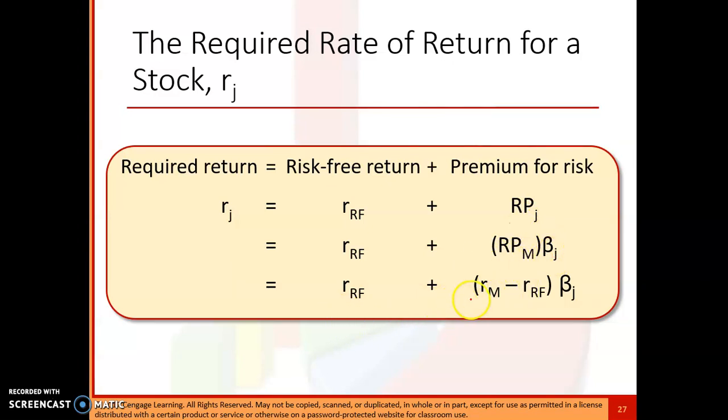And then down here, we have the risk-free rate plus the beta multiplied by the return on the market minus the risk-free rate. This, putting R sub J down here, is the capital asset pricing model. I usually, for some reason, I was taught to put the beta in front here. It doesn't matter.